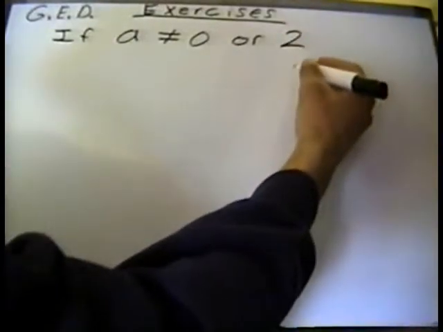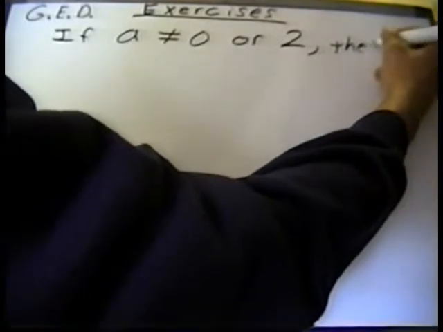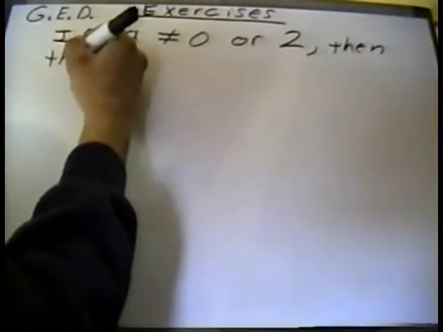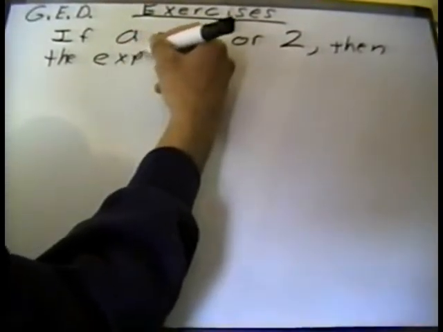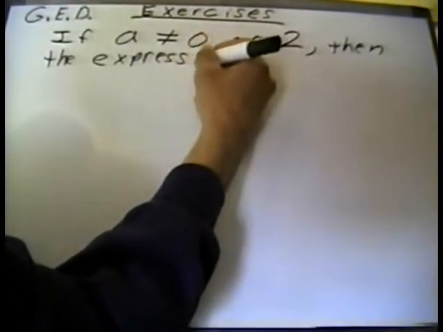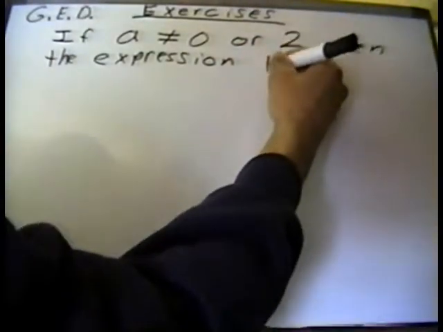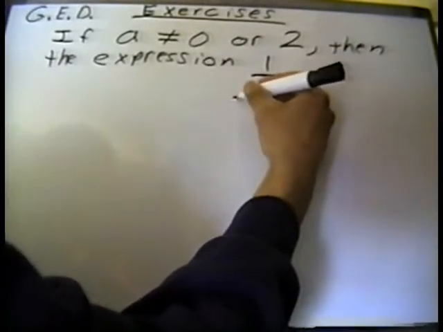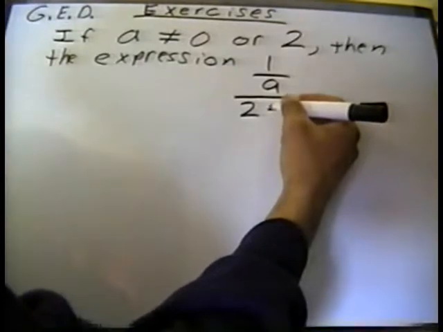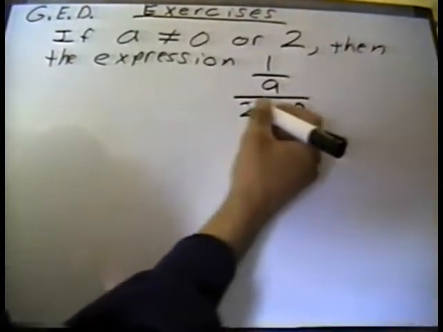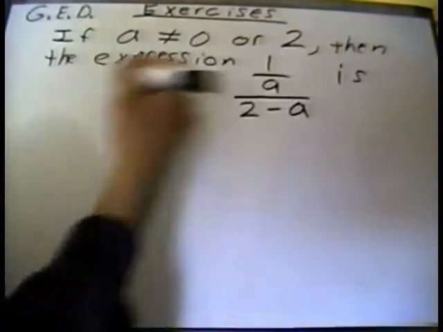is not equal to 0, over 2, then we say the expression here, 1 over a divided by 2 minus a.